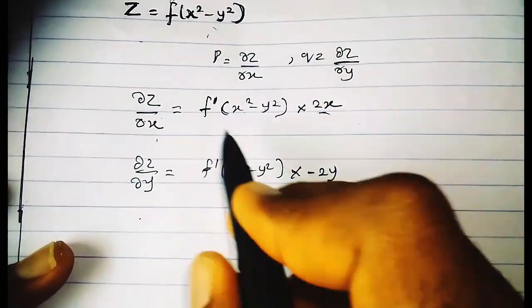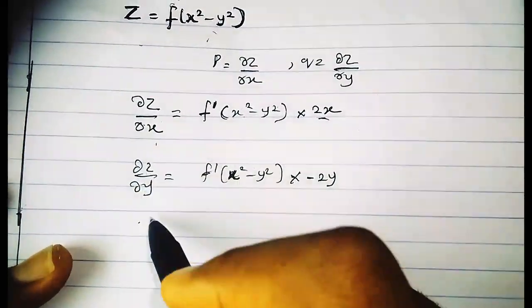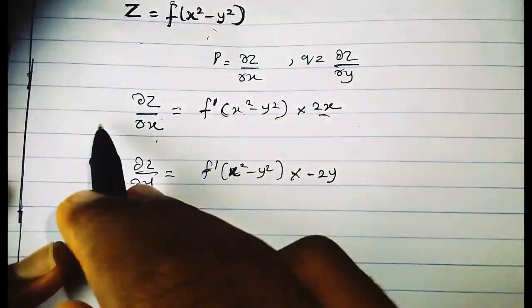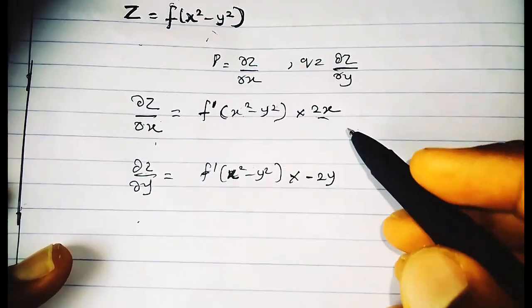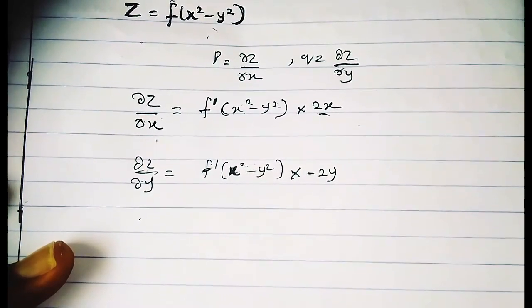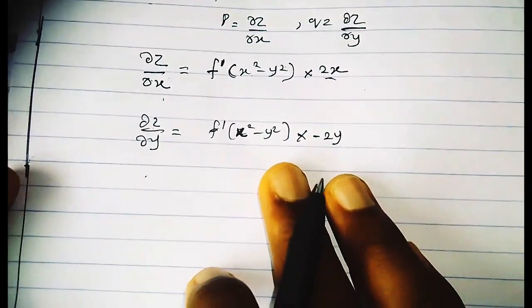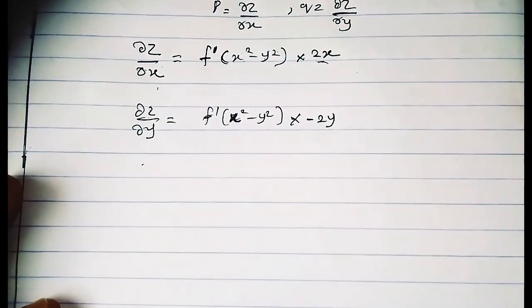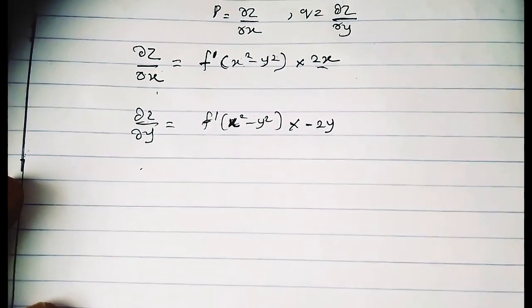Now, in order to eliminate this function, what do I need to do? I can make this function the subject of the formula and equate the two equations, or technically I can just divide the equations through, which will be much easier. But let's just follow the basic method for basic understanding.